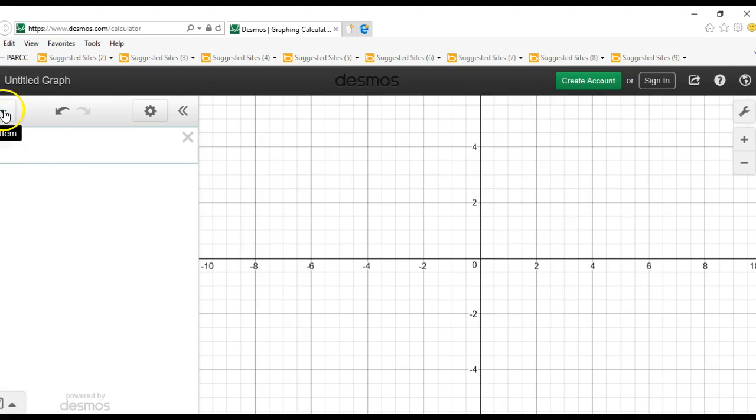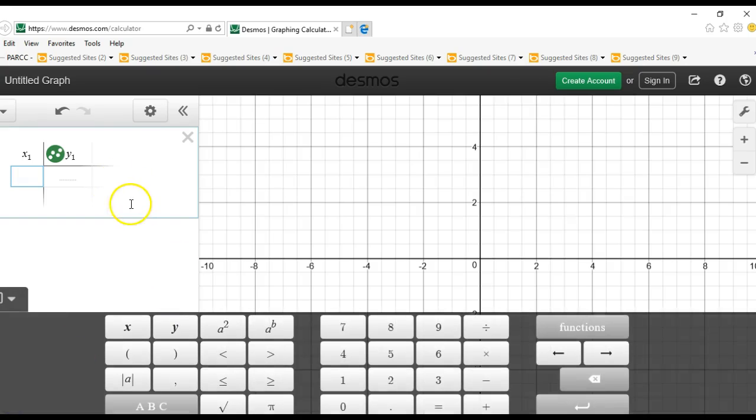I'm going to go up here, and you can see this little arrow drop down, and you want to add a table. Now in my table it's labeled X1, Y1. I'm going to enter my values. I'm going to have to use the keypad on Desmos, but you can use the keypad on your computer.